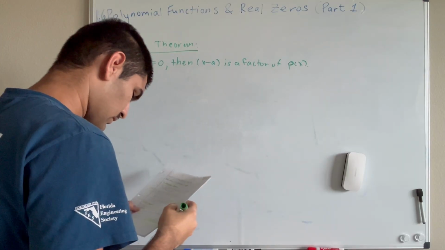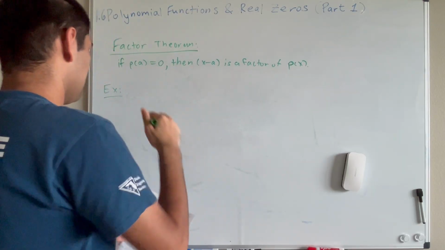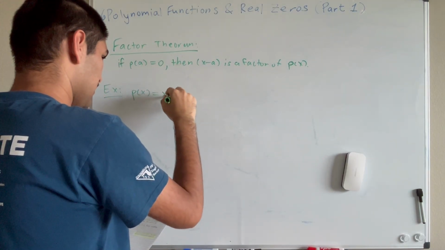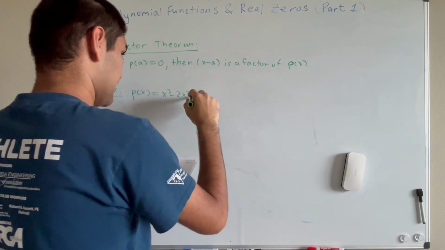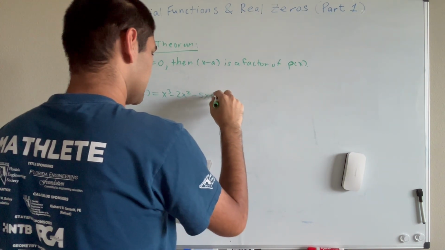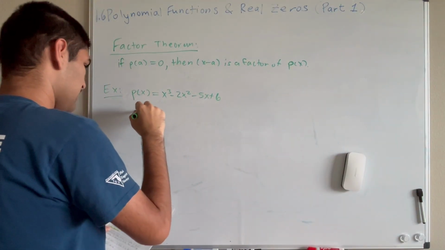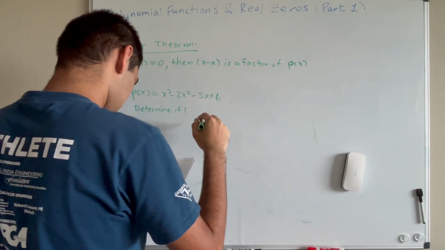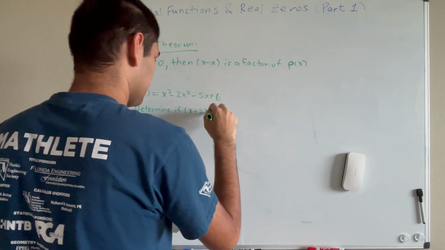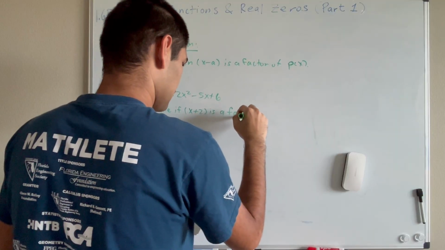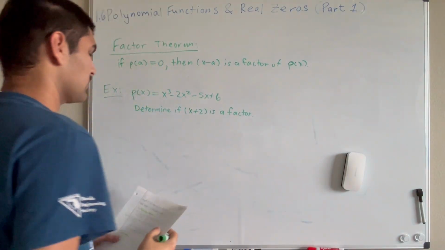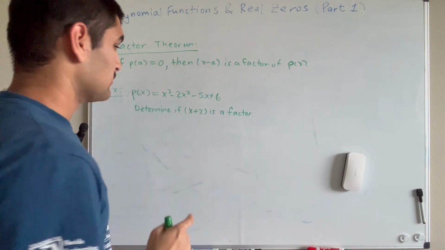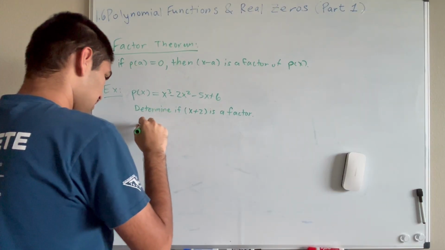So let's say we're given some polynomial P of x is equal to x cubed minus 2x squared minus 5x plus 6, and determine if x plus 2 is a factor. Okay, so x plus 2 will be a factor if the remainder is 0. Again, we can just do synthetic division.